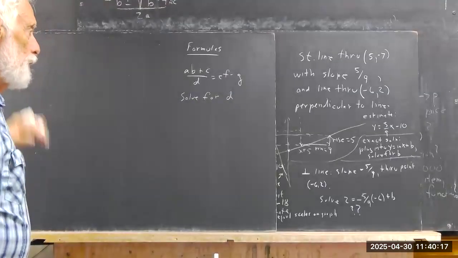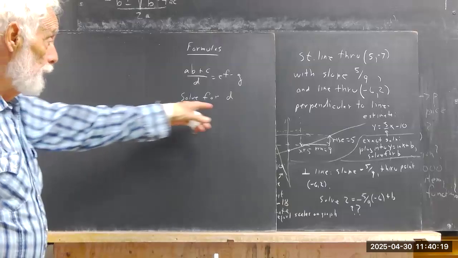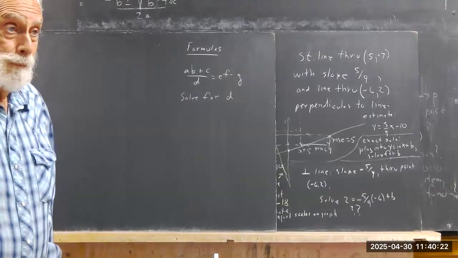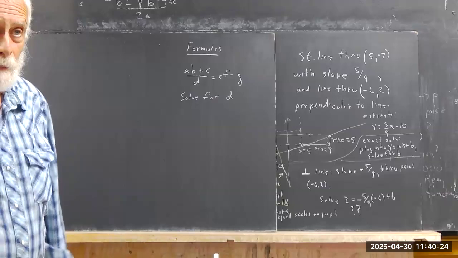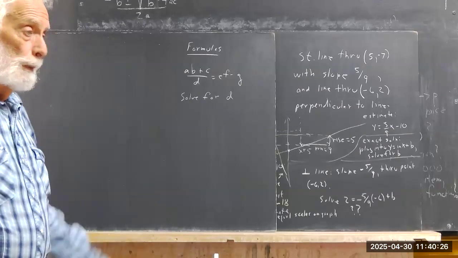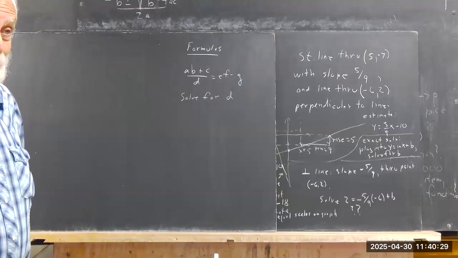Okay, probably the most challenging one to solve for would be D, so I'm going to solve for D. But it's not really very difficult. The reason it's challenging is nobody ever remembers to multiply by the common denominator.